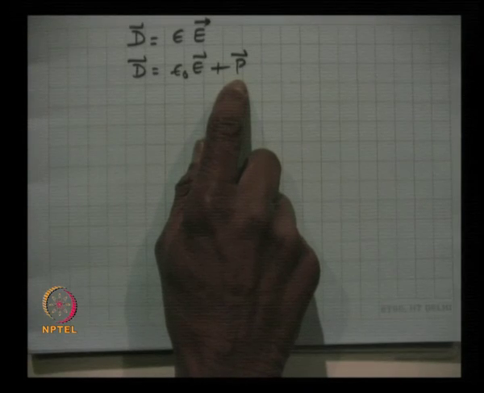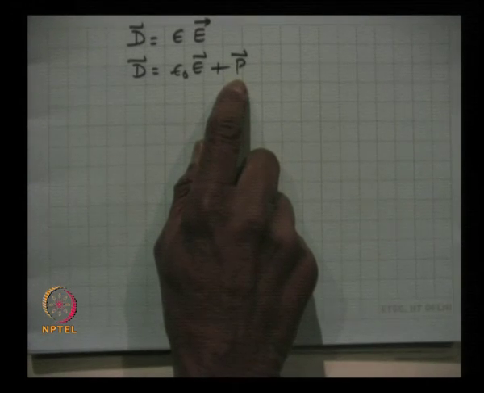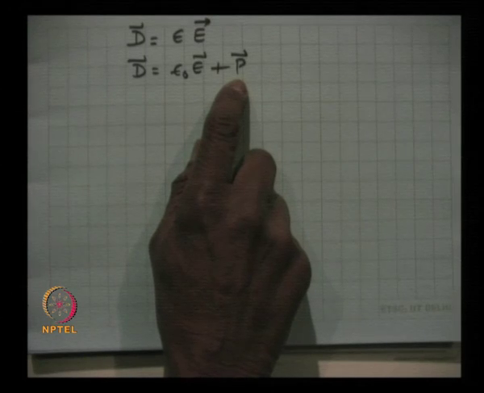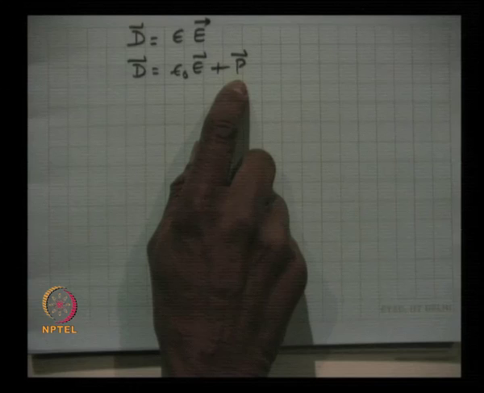But if the structure is not symmetric, you may apply an electric field like this and the dipole gets generated in some other orientation, because it has restoring forces from all directions which may not be all symmetric. So, in that case P is no more in the direction of the electric field, and such media are called anisotropic. So, P and E are in general not parallel in these media.